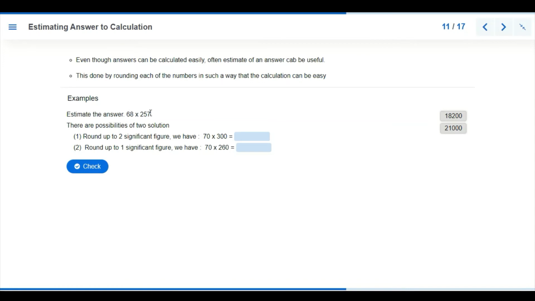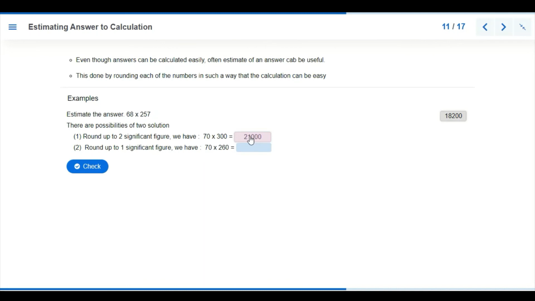And this one, by the time you round this up, this becomes 1, add to 5, that is 6. Round up 6 again, it makes it 0 and becomes 1. You add to 2, that is 3. So by the time you multiply, 70 multiplied by 360, we have 21,000. So this is the first attempt at this solution.